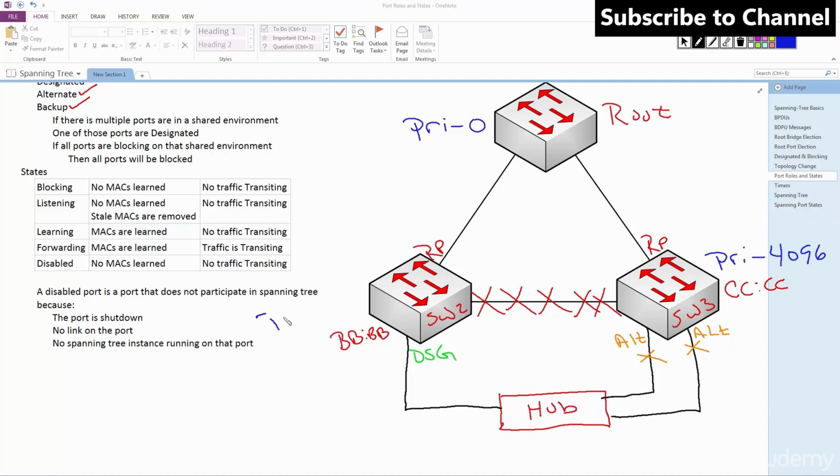Now, if this priority is the default, which is 32,768, guess what's going to happen when they negotiate between switch 2 and 3 about who's going to be designated? Switch 3 is now going to win that battle. And if switch 3 wins that battle, one of these ports is going to be designated.